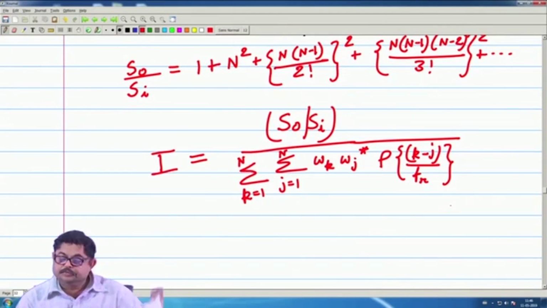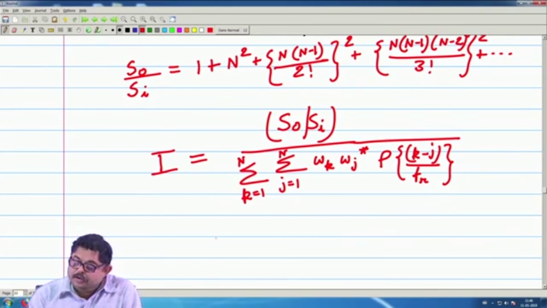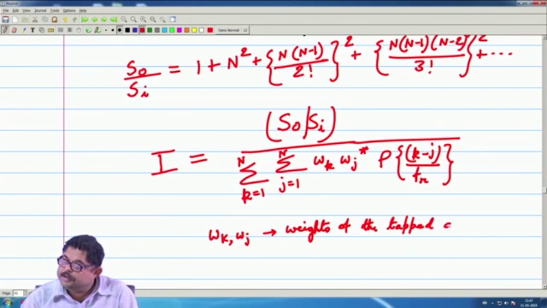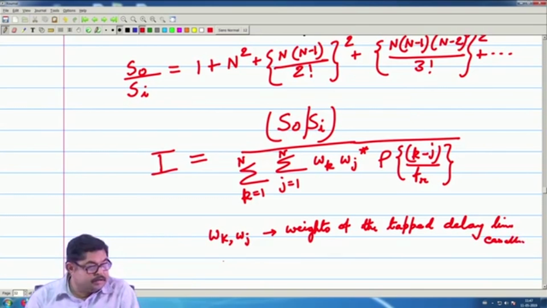Here I need to define W k and W j, which are weights of the tapped delay line canceller, and what is the rho? It is rho of k minus j by f r.